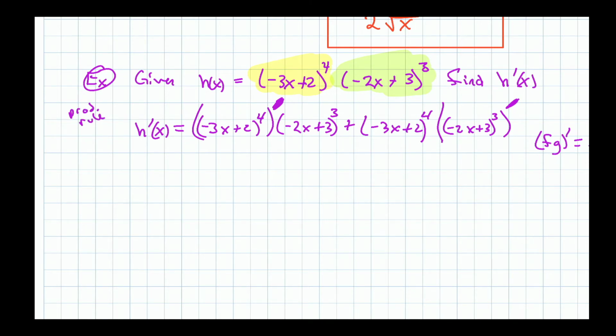Now I've got a derivative here that I have to take, and I have a derivative here I have to take. Okay, so we have 2 smaller derivatives to take, and each of those is going to need the chain rule. Take the 2 smaller derivatives, use chain rule as appropriate.